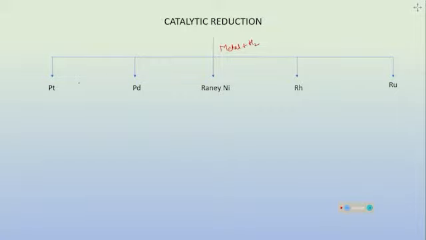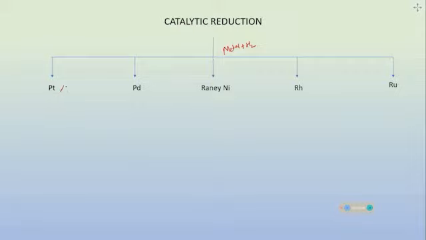The most commonly used metals are platinum, palladium, Raney nickel, rhodium and ruthenium. Let's discuss each metal and its functions. In catalytic reduction, addition of hydrogens takes place.